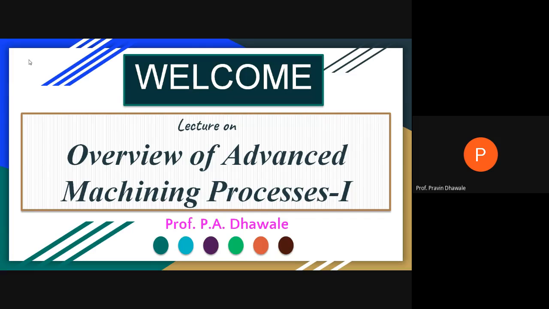Now, in this lecture, we will give a brief overview of the advanced machining process, that is, the non-conventional machining process. Advanced machining process has the same meaning as non-conventional, non-traditional machining, right?